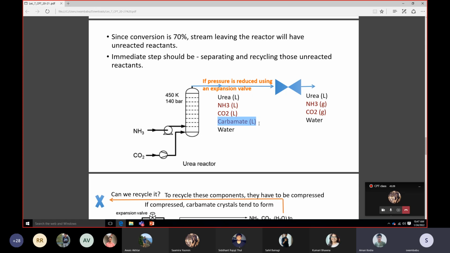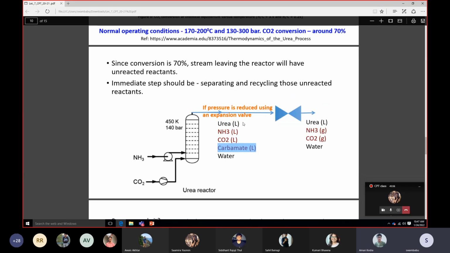Any guess from the students? How do we convert ammonium carbonate into ammonia and CO2? I gave a hint already.